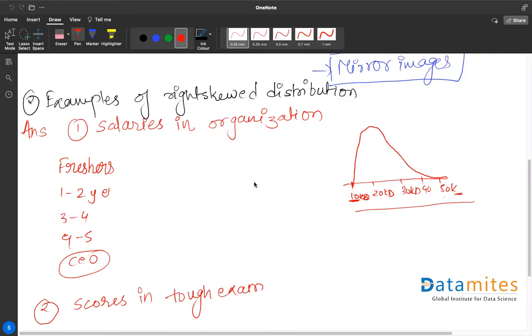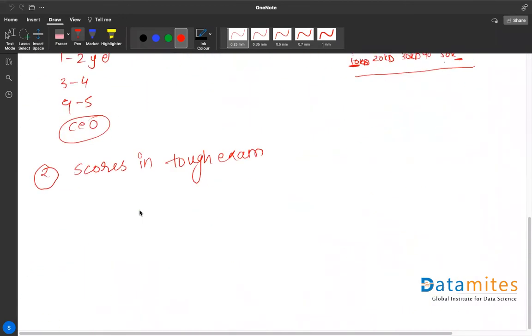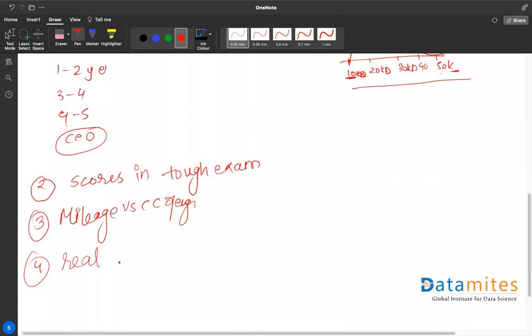Yes, correct. Ankita, real estate prices. Yes, as the size of the house increases, right, the price will increase. Mileage versus cc of engine. Okay, so 4 examples we got here. Mileage versus cc of engine. Fourth, basically real estate price.